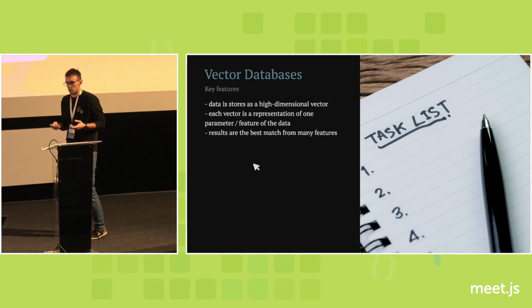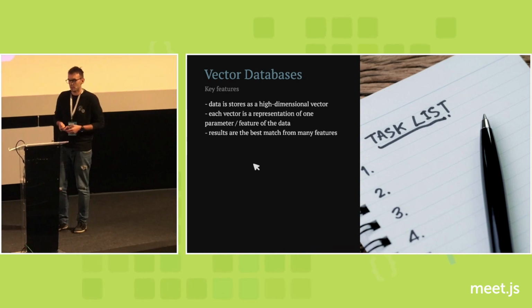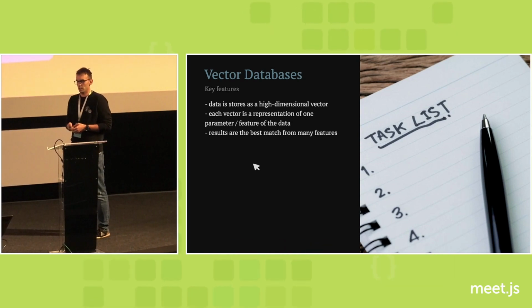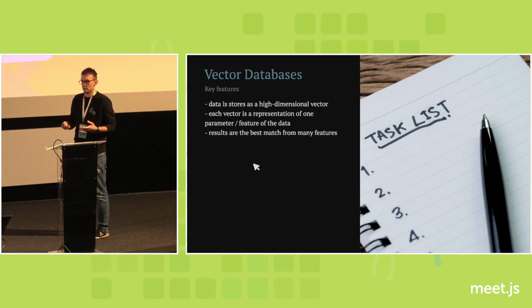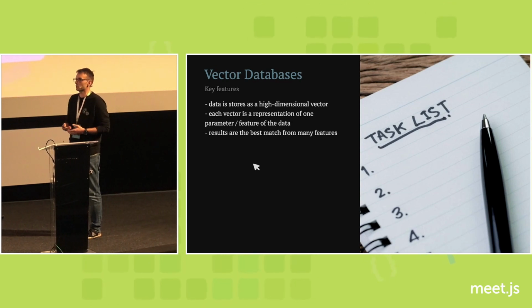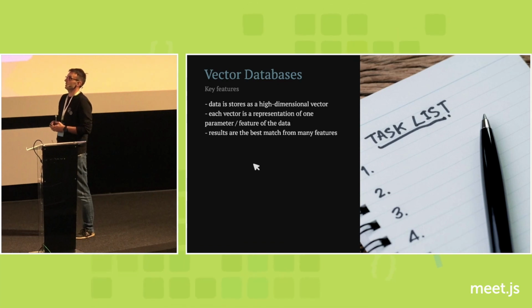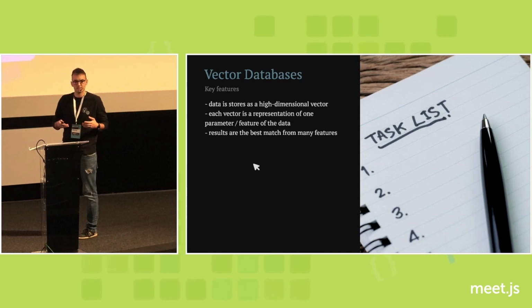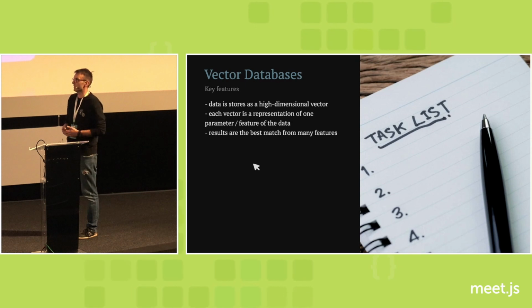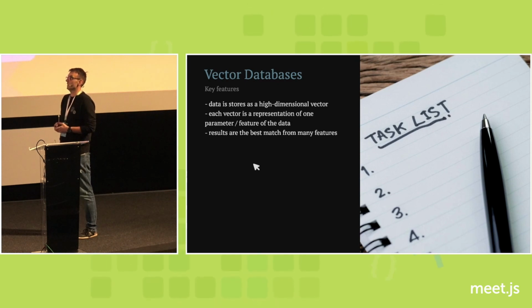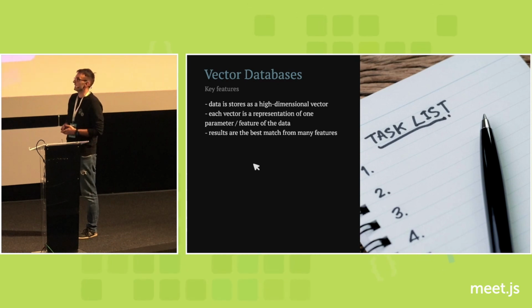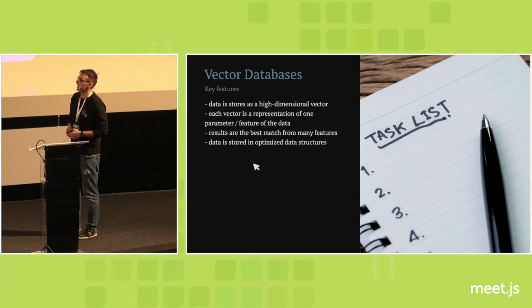But vector databases return the results that are the best match across many features, which doesn't mean they have to fit exactly, only be as close as possible to the results. So they always return us something if we make a query, but it doesn't have to be the exact match that we are asking for.